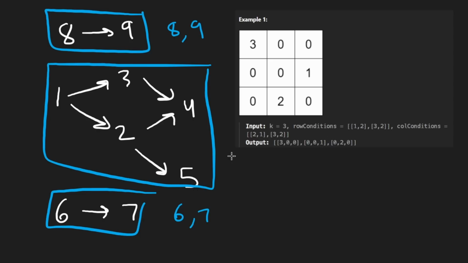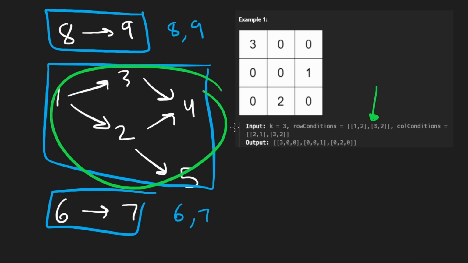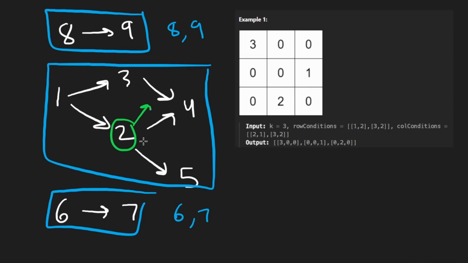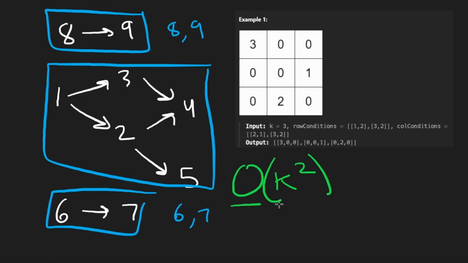And in terms of time complexity, I assume that there's not going to be any duplicates in here. So it's basically going to be bottlenecked based on the traversal, which we're going to run 2 times, but that's a constant, so it doesn't matter. So how big could one of these graphs possibly be? I guess in the worst case, each value could be connected to every other value. So I think in the worst case, that's k squared. So this is like the literal worst case.